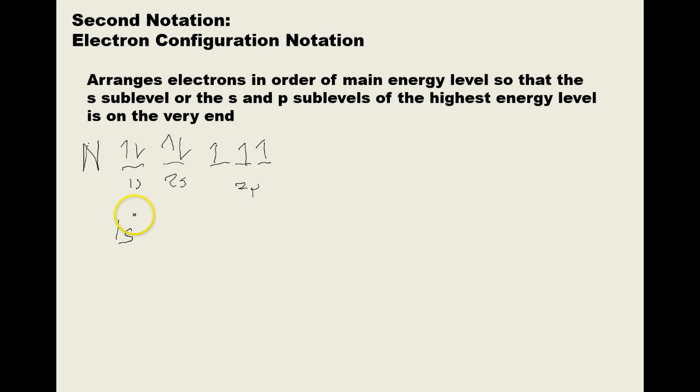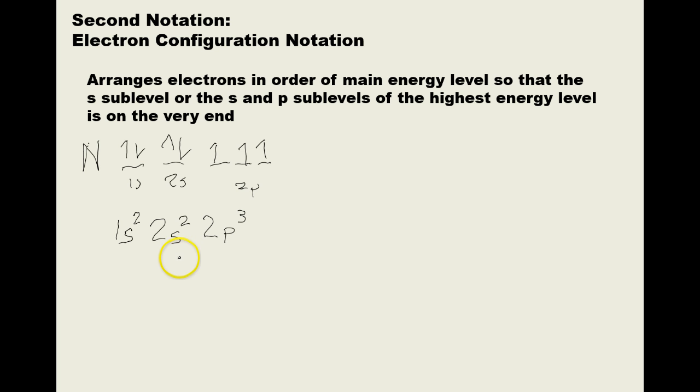So the 1s has 2 electrons, and that's what we write, 1s2, and it's read 1s2, not 1s squared, it's not math class. Next, we have 2s with 2 electrons, and then we have the 2p with 3 electrons. Sorry about the dogs barking in the background.